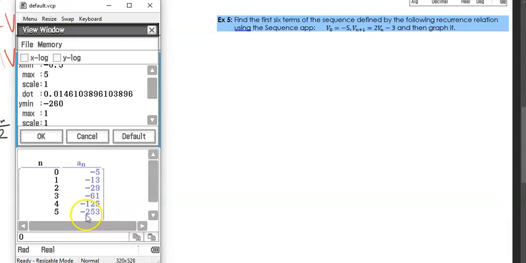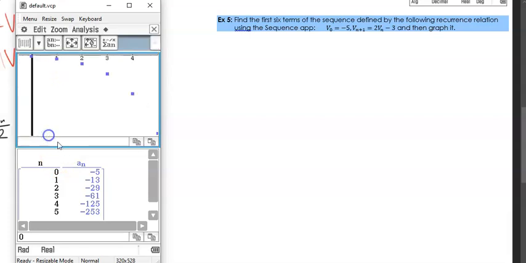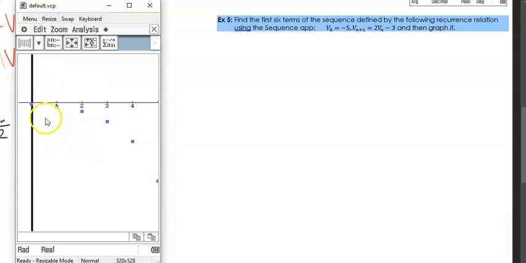I can just make it negative 253, but you probably won't see the dot. It might get cropped off. And then the max value, because there are no positive values for a of n, we'll just leave it as 1, doesn't matter. Press OK, and I'll resize that, and that's what you should get.